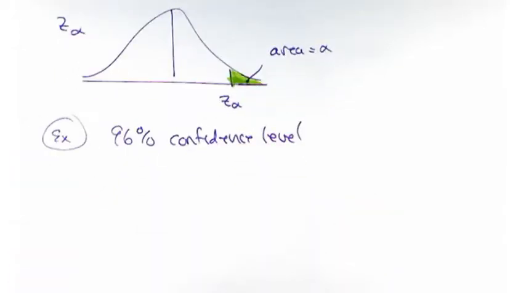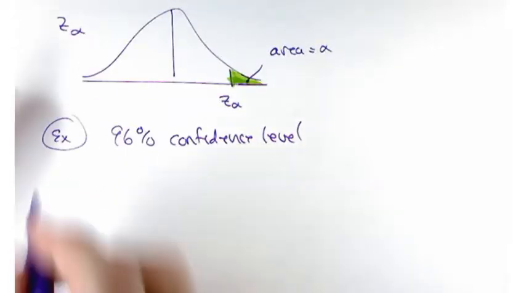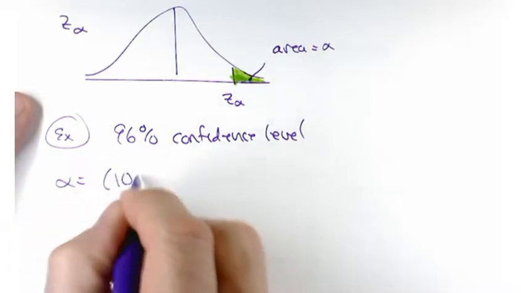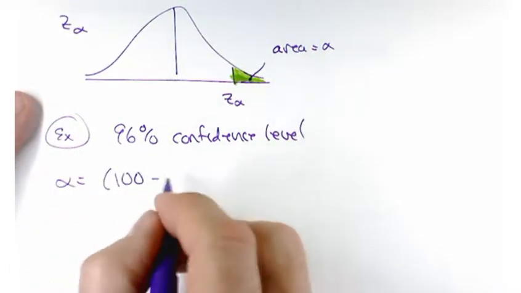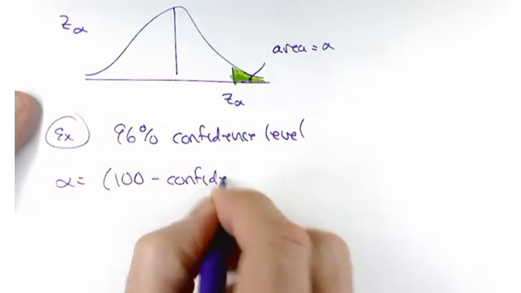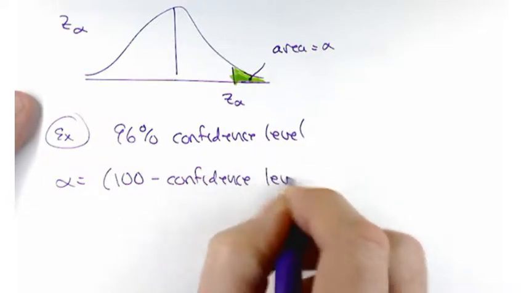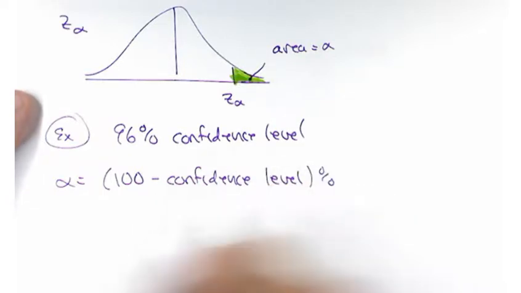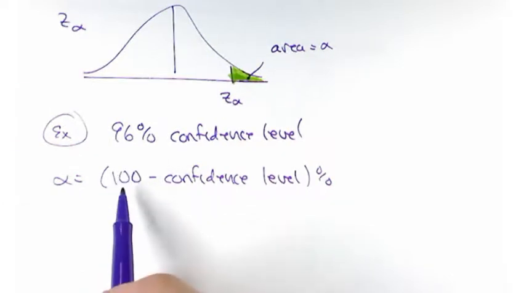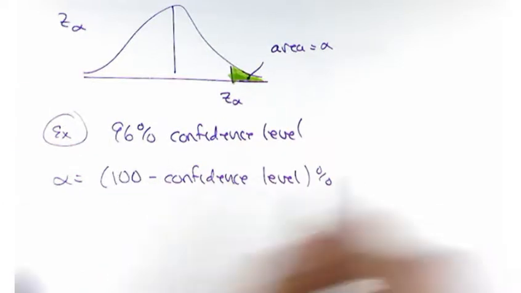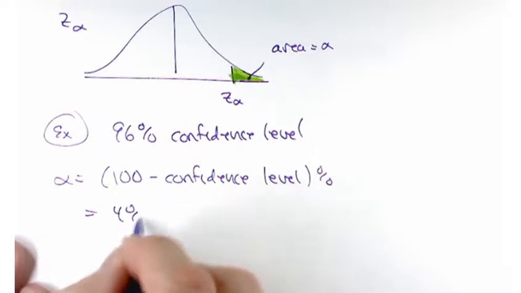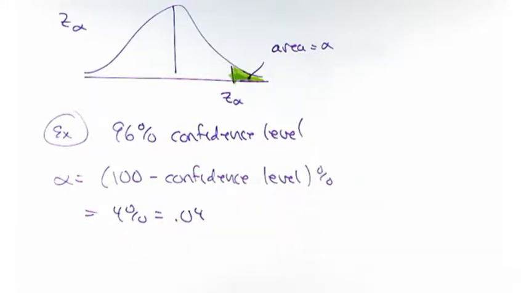Let me remind you that you can calculate alpha as 100 minus the confidence level percent. So in our case, 100 minus 96 gives you 4, or we'd have a 4% or 0.04 value for alpha.